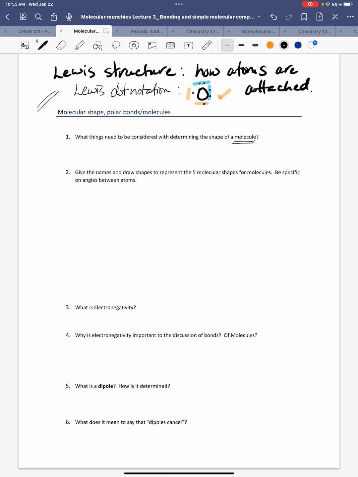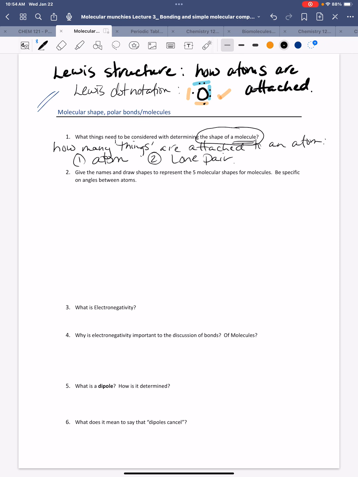Okay, so when we start talking about the shape of a molecule, we basically just have to worry about a couple of things. We have to think about how many things are attached to the atom. And I'm going to write things in quotes. The things attached can be another atom, or there can be a lone pair attached to that atom.